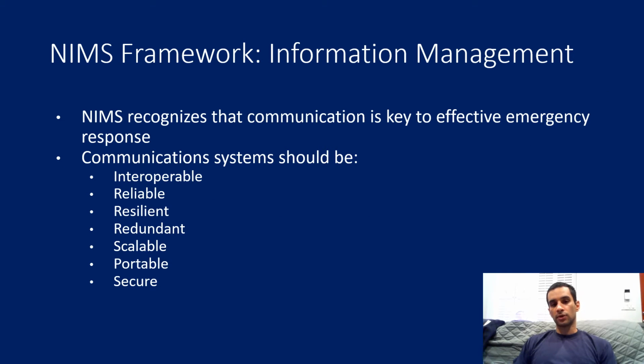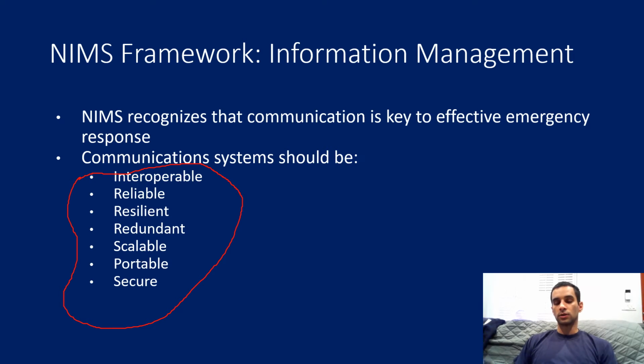And then the last part of the NIMS framework was information management. Basically, it's telling us that communications need to have all these characteristics. Okay, so you want it to be reliable, resilient, interoperable, scalable, portable, and secure. And for most of us, this is going to involve radios, especially those Motorola radios, which you can basically run over with the ambulance and they still work.